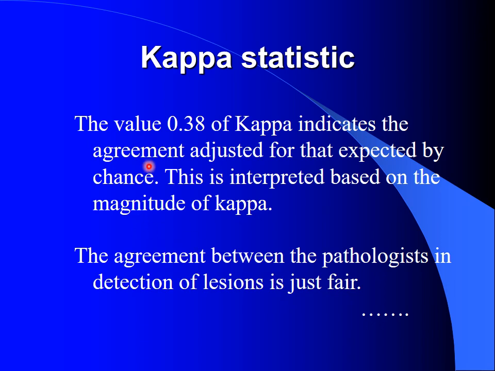The value of kappa in the present example is 0.38, which indicates agreement adjusted for that expected by chance. This is interpreted based on the magnitude of kappa. So the agreement between pathologists in the detection of lesions is just fair.